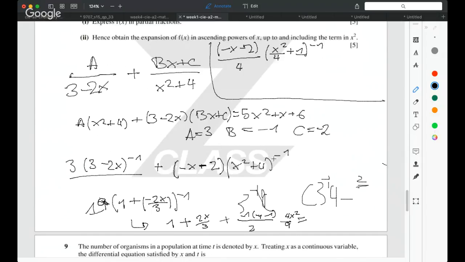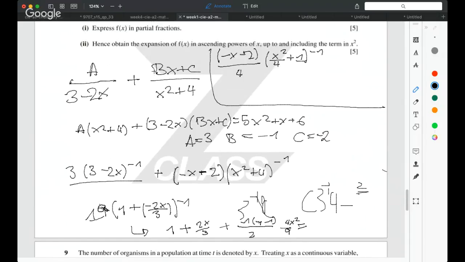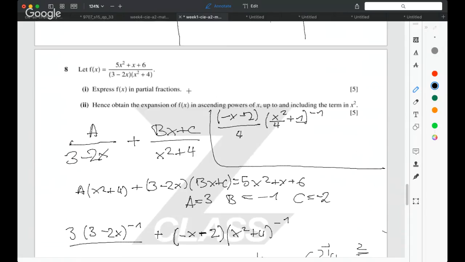So the first question asks you to do the partial fraction, which we already did, and you split the fractions and you get 3 over 3 minus 2x plus minus x minus 2 over x squared plus 4.